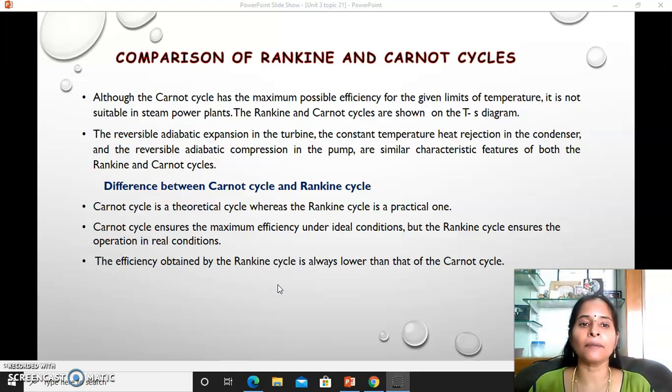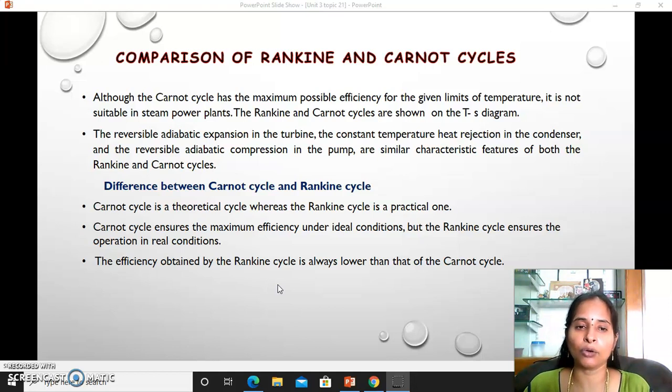Okay, so here I have made the comparison in the next slide by using the TS diagram, where both the Carnot cycle and the Rankine cycle are represented in a single plot.